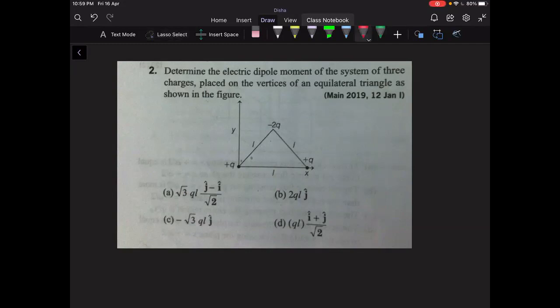So let's see. First, let me check the answer. Topic 4, question 2. B. How did you do it? I did 2E cos theta. Why? Means it's in the equatorial position, and then I knew the theta also 60 degrees.